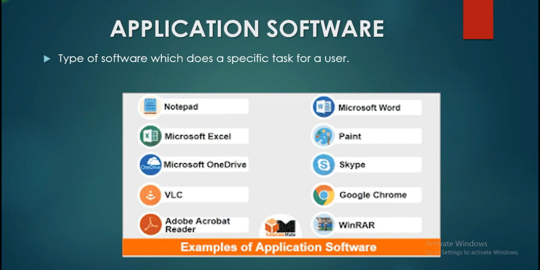In the scheme of things, there is a specific type of software which is exclusively for the end user, and the end user would be that person at the end of the IT chain. That person would be you, that person would be myself, and anybody else who is using a device.